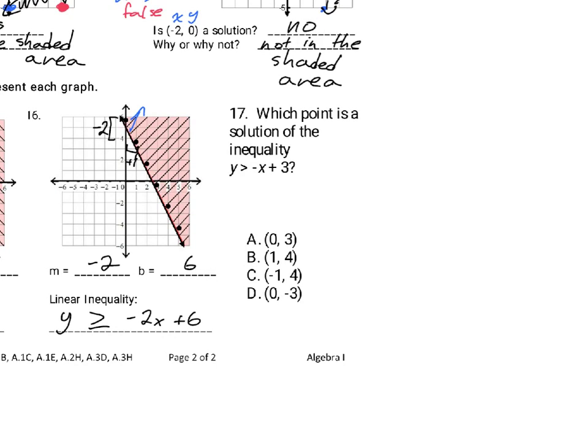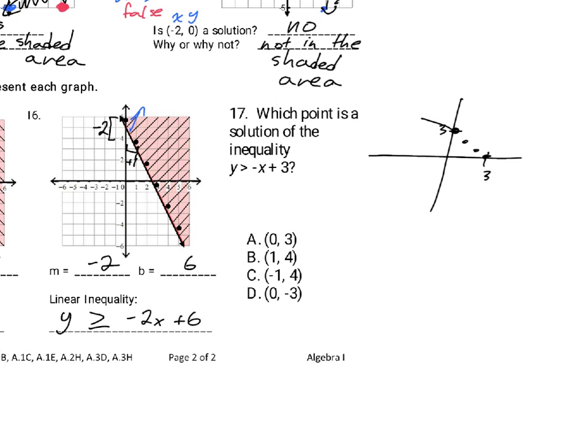Now 17, there are two ways to look at this that I can see right off the bat. One is you could actually graph this. Well, we don't have a grid to do that, but what I would probably do is something to this effect. Negative x plus 3 would be, so that's 3, and negative slope. So it would go down 1 over 1, down 1 over 1, down 1 over 1.